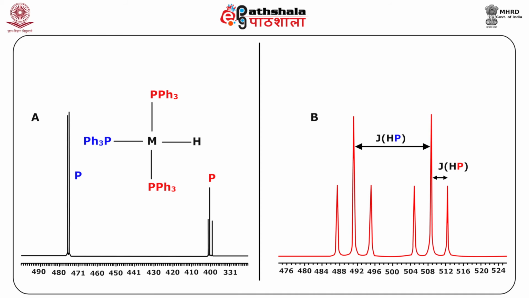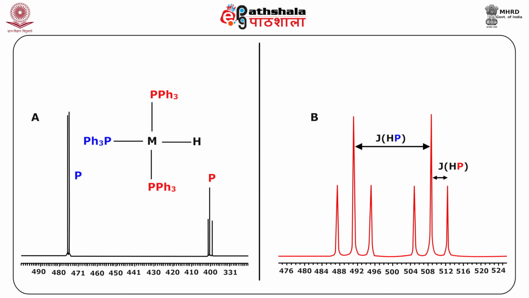It is important, students, to note here that the coupling between phosphorus and hydrogen in this spectrum has been removed by the decoupler, and all the coupling is phosphorus-phosphorus coupling only. Now students, you can appreciate more by looking at the figure.